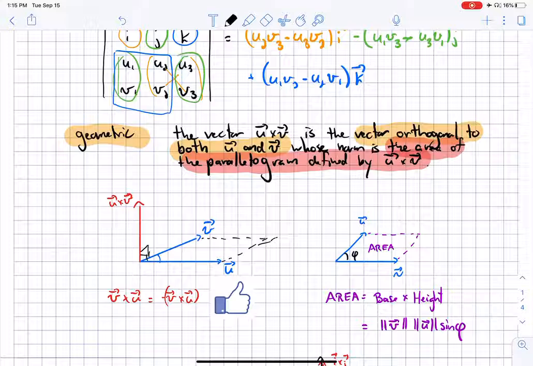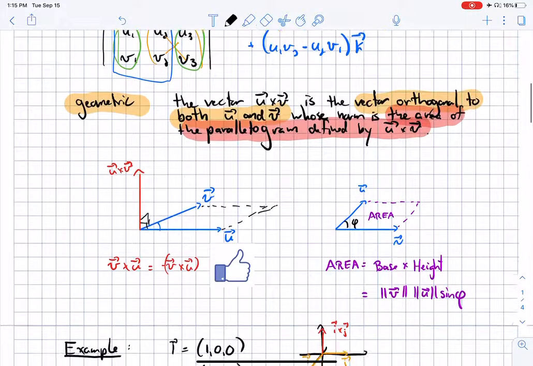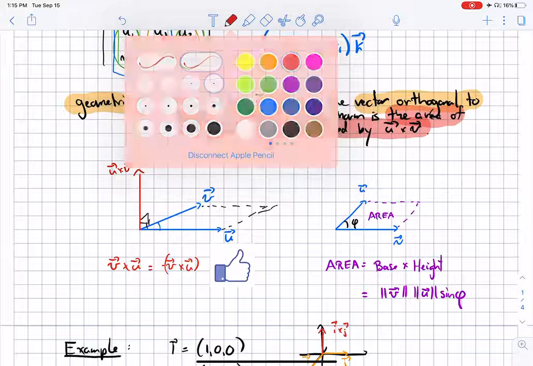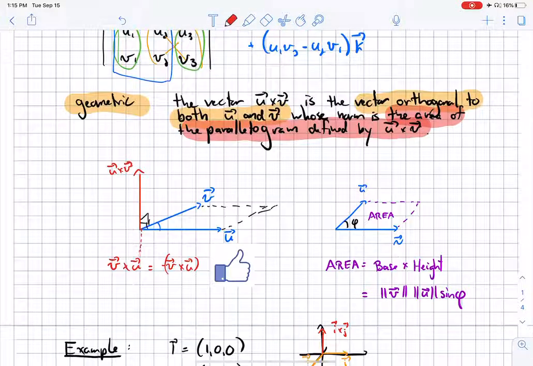So that gives you the direction. And so you have to be a bit more specific, right? Because if I have this u and v, does this go down or up? Because these two are orthogonal, this is not well defined. So which one is it? Is it pointing up or down, orthogonally from u and v?